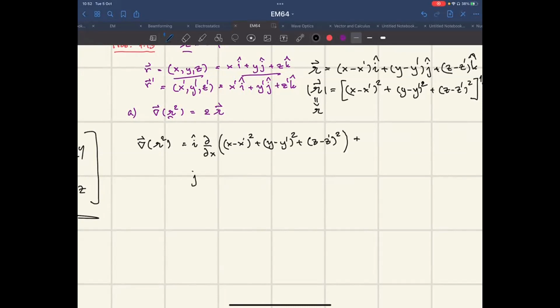For j here, the y direction. But don't forget this. It has to be y here. But when you differentiate, you have to do everything here. Y minus y prime here, plus z minus z prime here, and plus k.